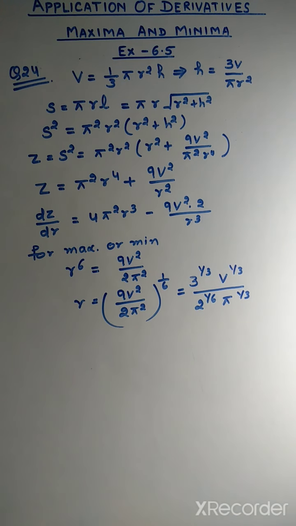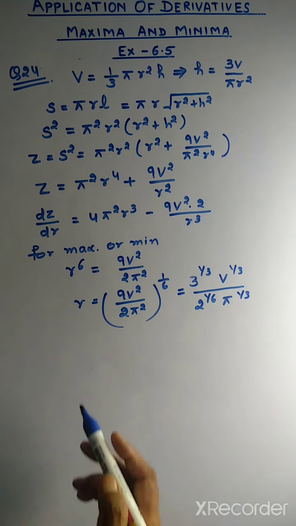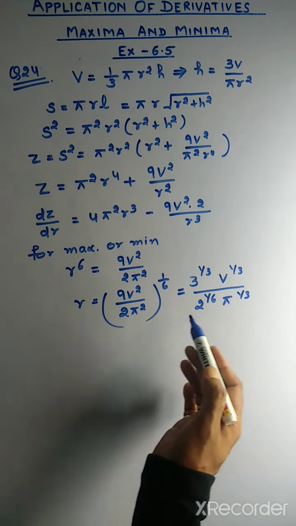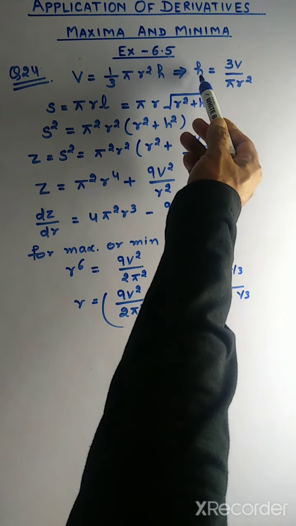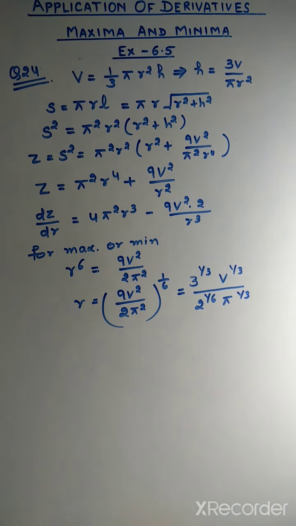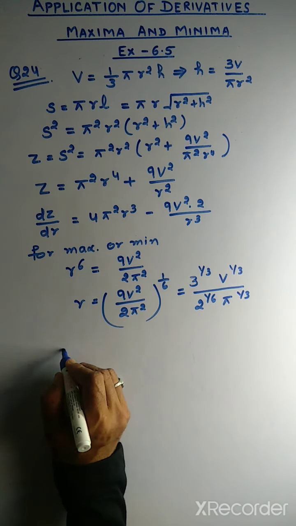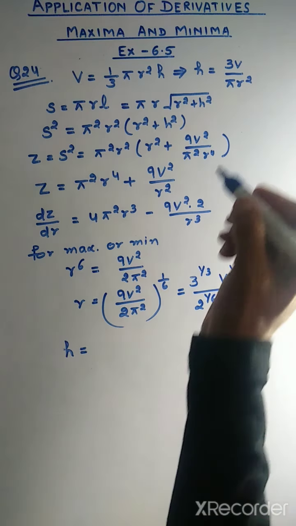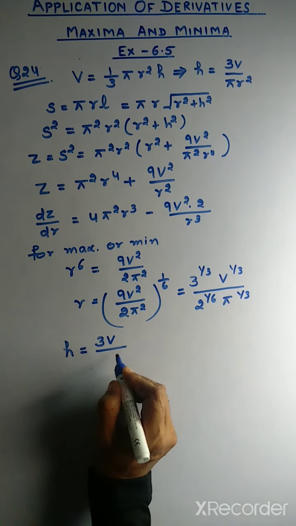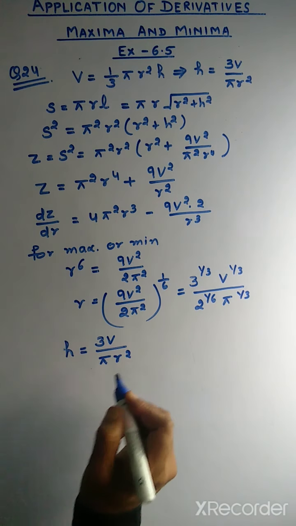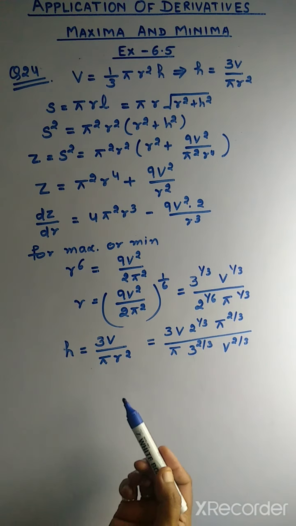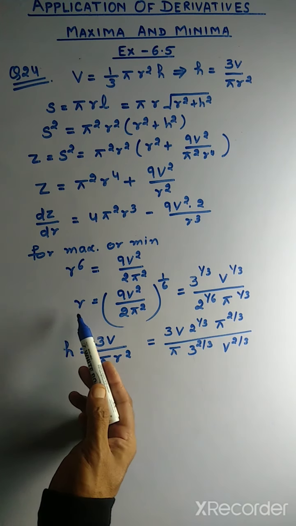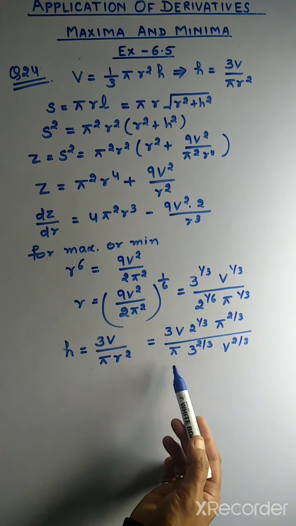Now we have found the value of r in terms of v and pi. Similarly we have to find the value of h also, that is h equals 3v upon pi r square. In place of r square, we can put the value of r from here.